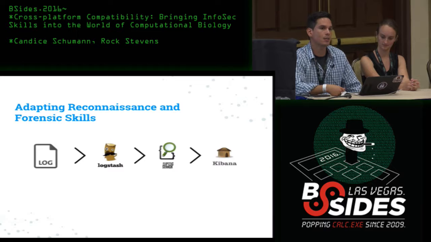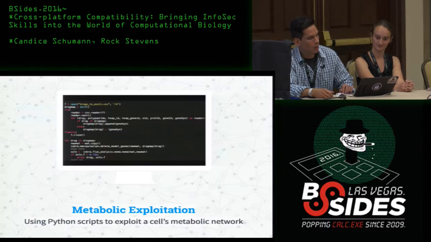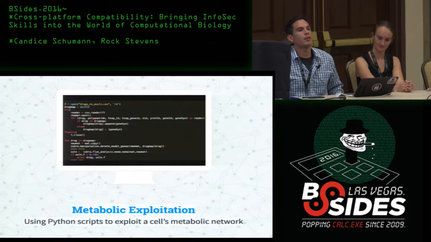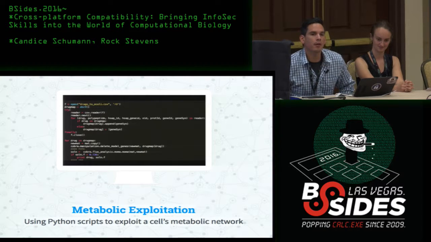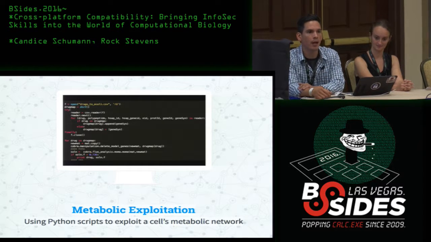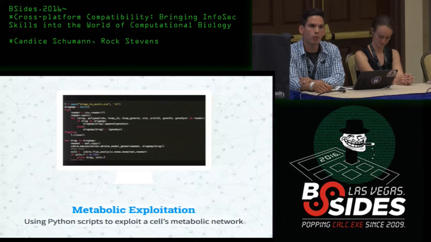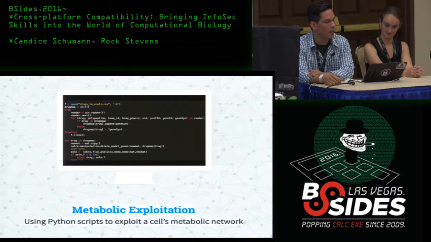Using a methodology like this saved us a lot of time. So if you have Bash scripting experience, Python scripting experience, very similar when you want to actually go in and hack a cell.